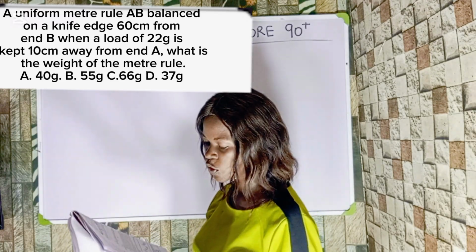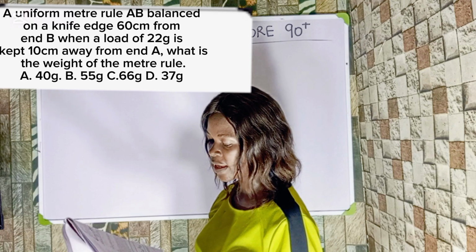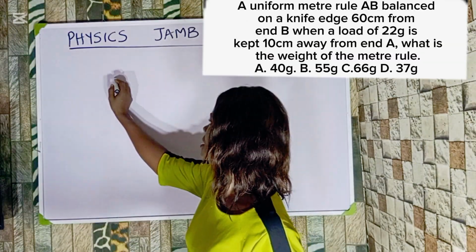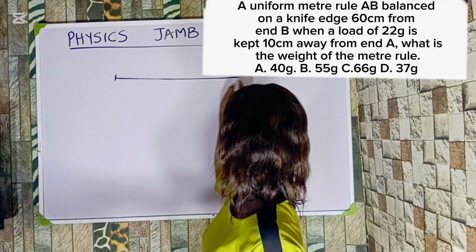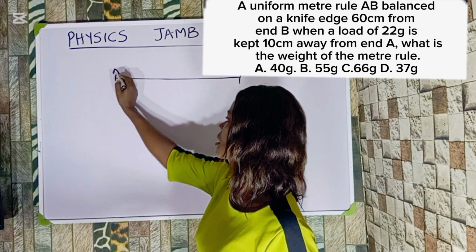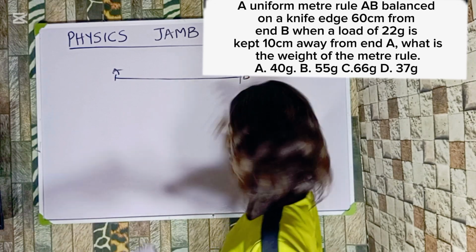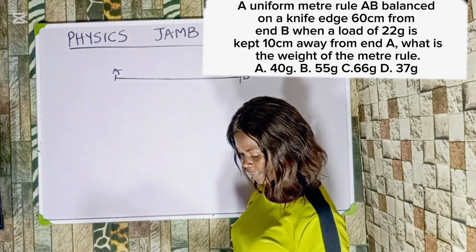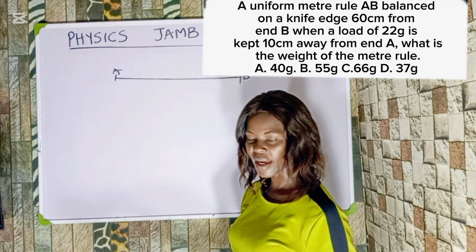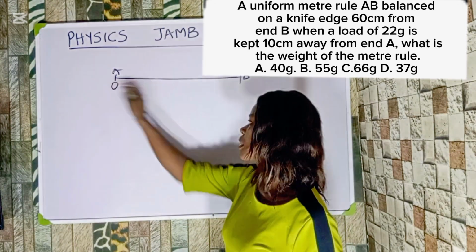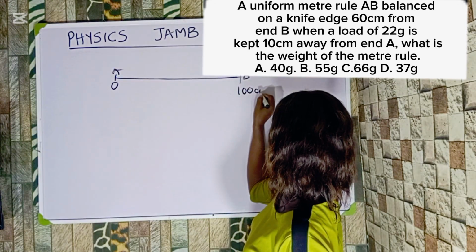Now the question says a uniform meter rule AB. So that means our meter rule is AB, from here to here. I have A, and I have B. It is balanced on a knife edge 60 cm from end B. Where is end B? If this is the meter rule, this is 0 and this is 100 centimeters.